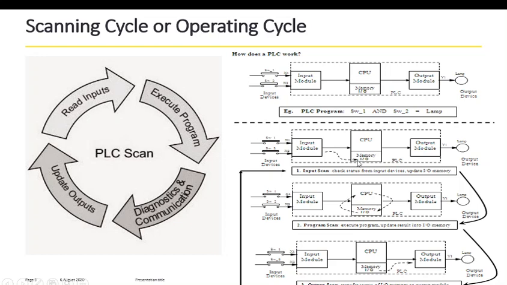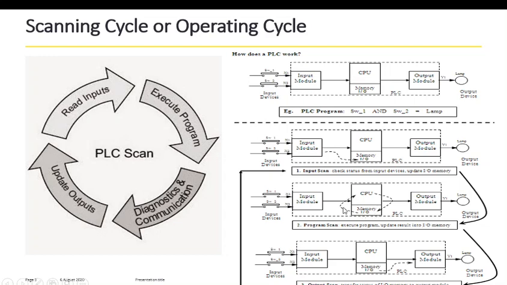Okay, so the input number at which the input has arrived will be read by the CPU, and based on this digital 0 1 status, the CPU will process the program which was burned by the person in the PLC. Okay, so this is the program scan or execute program stage, in which the program will be executed and it will update the result into IO memory.